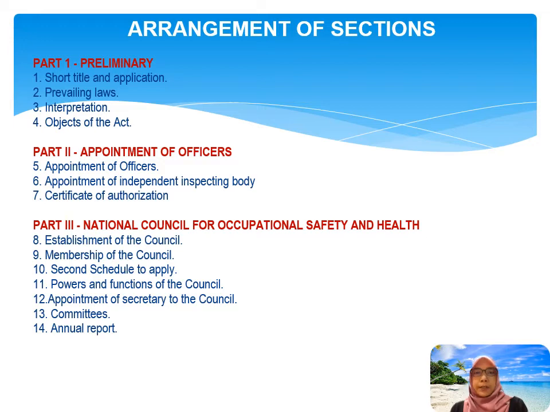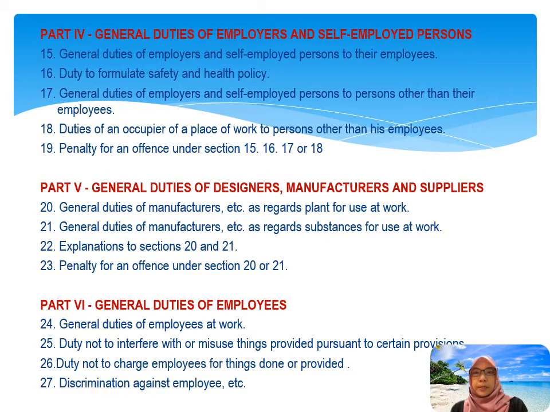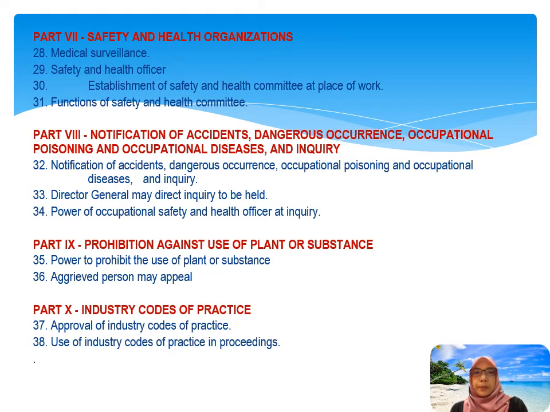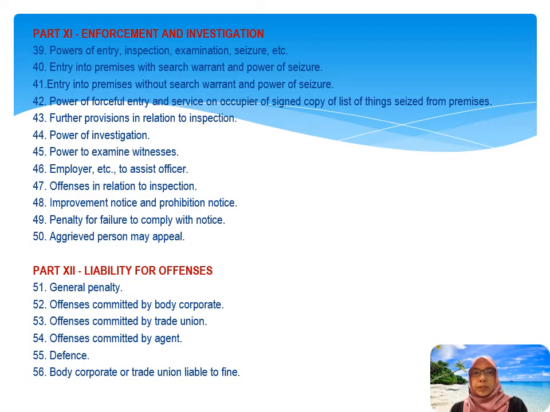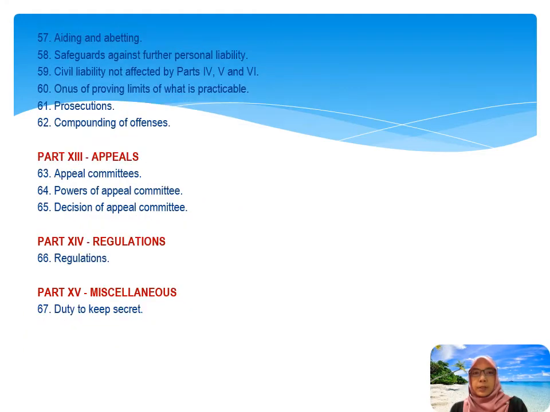There are 15 sections in OSHA 1994: preliminary, appointment of officers, National Council for Occupational Safety and Health, general duties of employers and self-employed persons, general duties of designers, manufacturers and suppliers, general duties of employees, safety and health organization, notification of accidents, dangerous occurrence, occupational poisoning and occupational disease and inquiry, prohibition against use of plant or substance, industry codes of practice, enforcement and investigation, liability for offences, appeals, regulations, and the last one is miscellaneous.